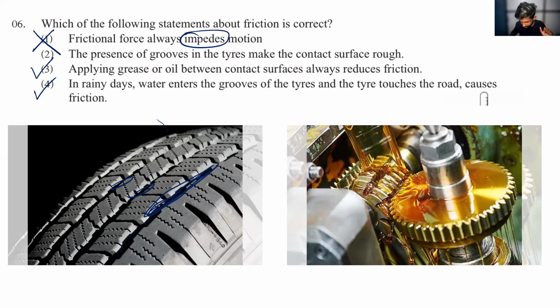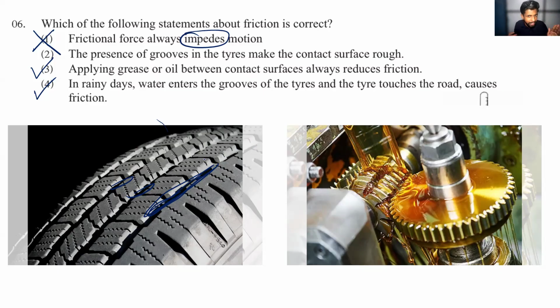Am I right or wrong? When the tire is contacting the road, all the water will enter into the grooves. Now the tire and the road will be directly in contact with each other. Not inside the tire, inside the grooves.